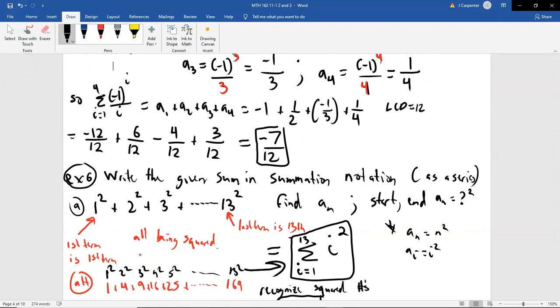Sometimes you're given it in an easier format with things not expanded. Sometimes you're given them after the math's already been done a little bit, and you have to try and predict, well, what happened? How did we get to this 9? How did we get to this 16? How did we get to this 25?